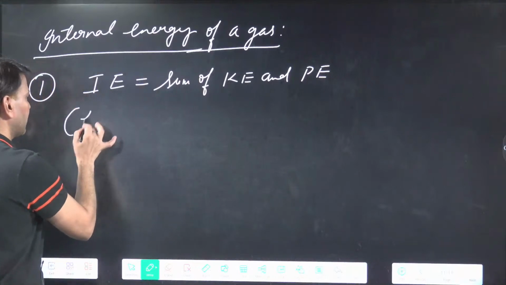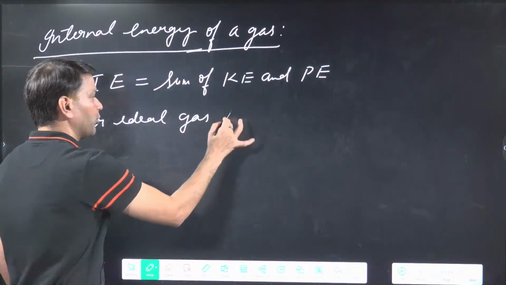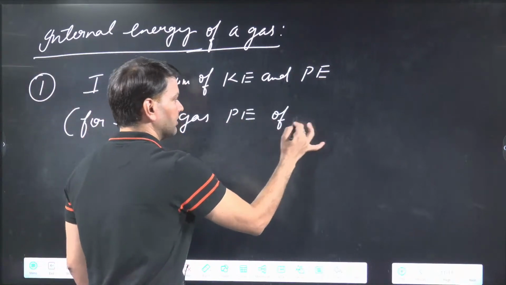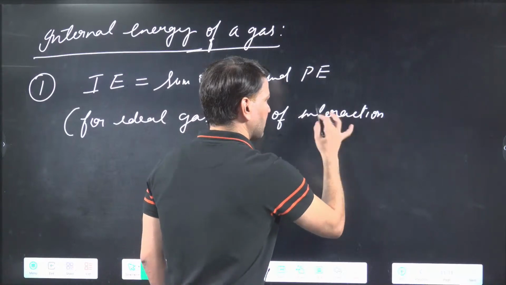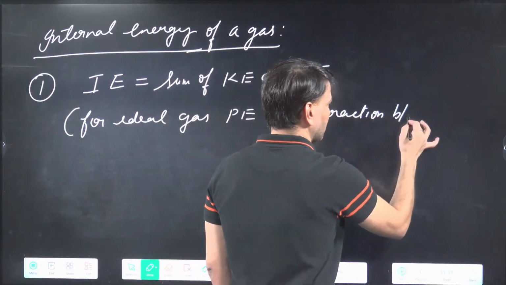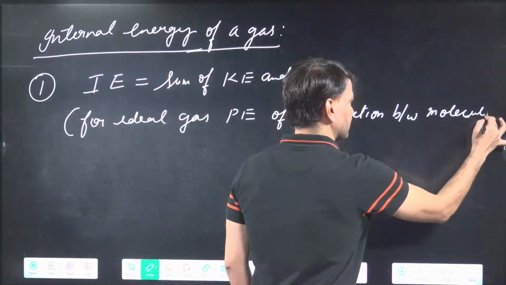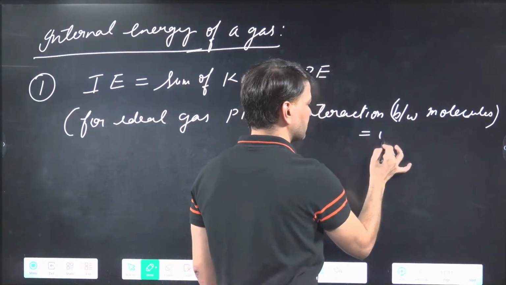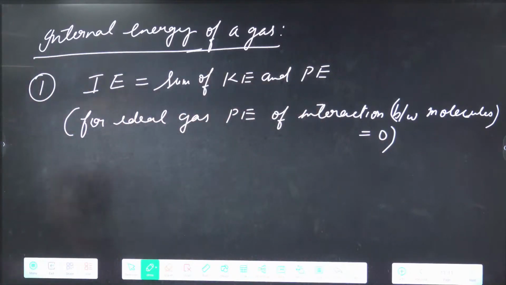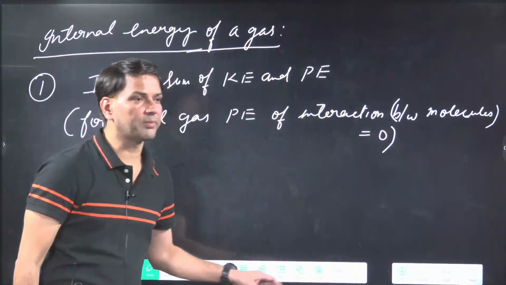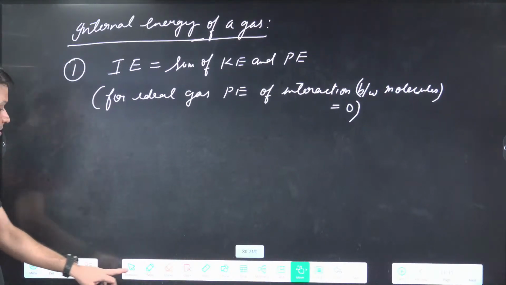And we know that for ideal gas, potential energy of interaction is 0. Interaction potential energy will be 0. Okay. But it may have vibrational potential energy. Completed?